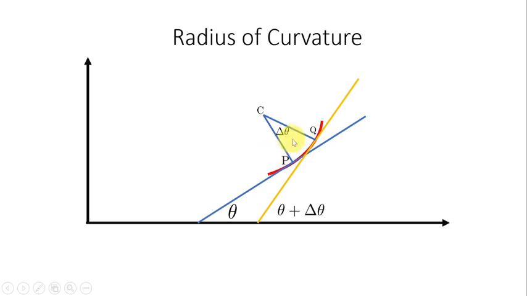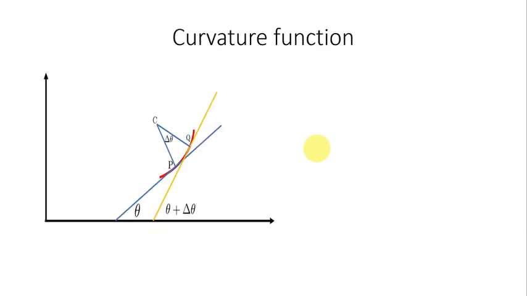But if P and Q are very close to each other, then CP and CQ are approximately equal, and that length is called rho, which we call the radius of curvature. This implies that the part PQ becomes part of a circle having radius rho.